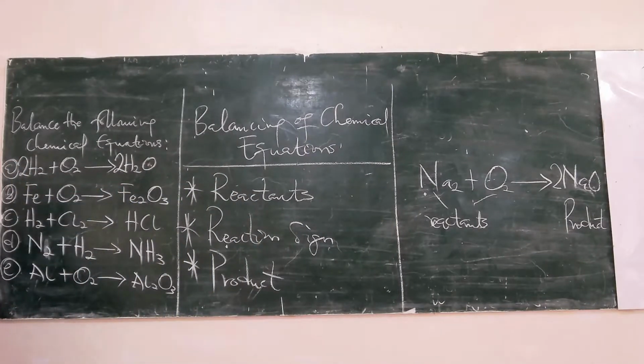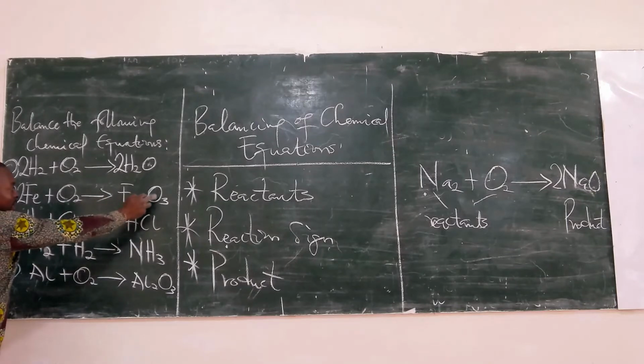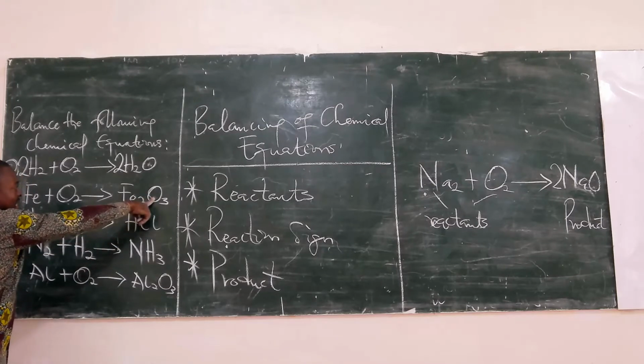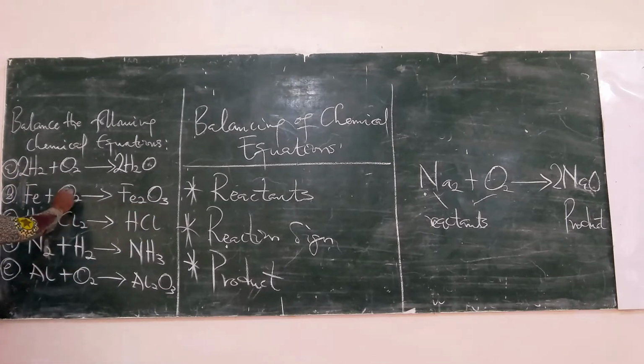Let's consider B. How many iron atoms are here? 1. How many are here? 2. So first, they are not balanced. So you need to add 2 here. And then how many oxide atoms do we have here? 2. In the case of here, how many? 3. Let's finish with this first. So if they are 3, but here they are what? 2. I need to add 1 of the oxide atoms to this.